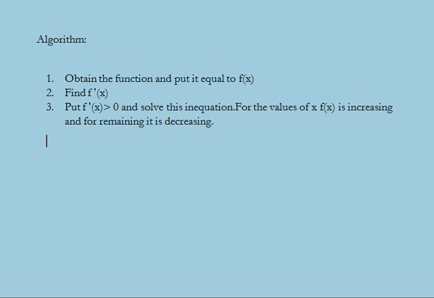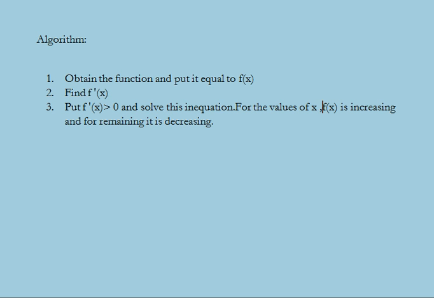Next, we are going to discuss the algorithm in order to find the interval in which a given function is increasing or decreasing. The first thing to be done is to obtain the function and to put it equal to f(x). Next is to find the derivative of this function f(x), which is equal to f'(x). Next is to put f'(x) greater than 0 and solve this inequation.